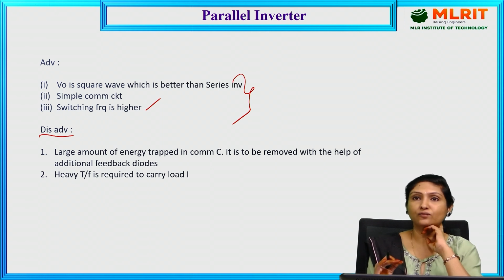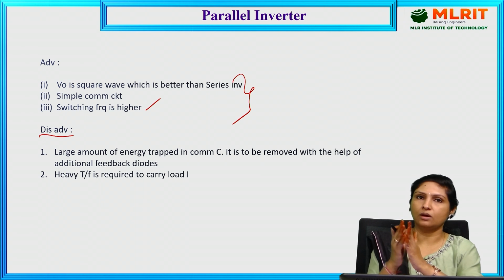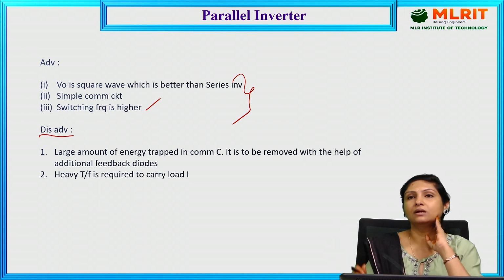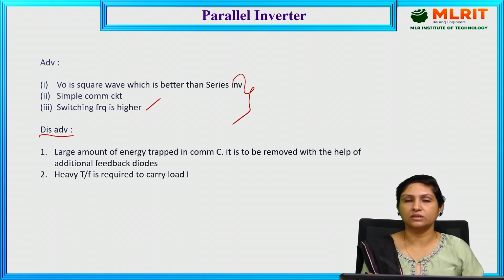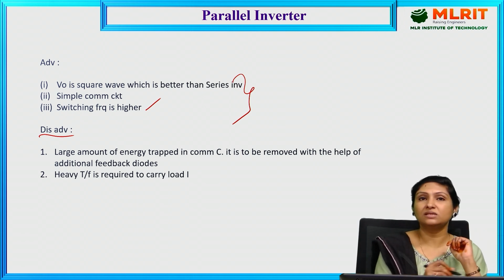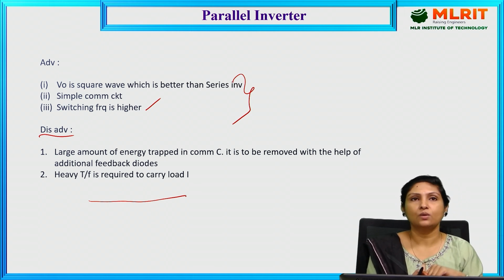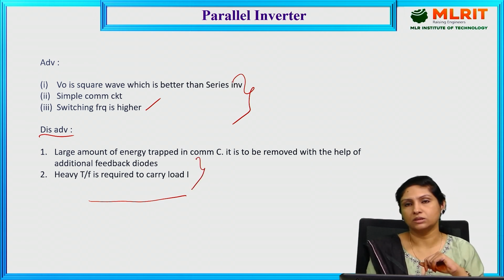So we will have to invest in additional equipment on top of the already existing equipment, which increases the investment cost. That is a disadvantage associated with this parallel inverter. Otherwise, a heavy transformer is required in order to carry the load current. That is another investment included for the parallel inverter. So these are the disadvantages associated.